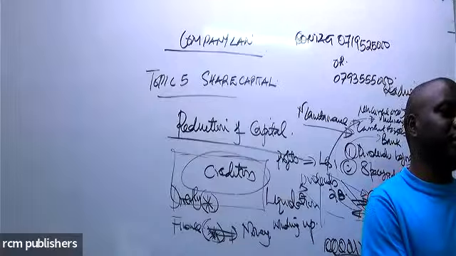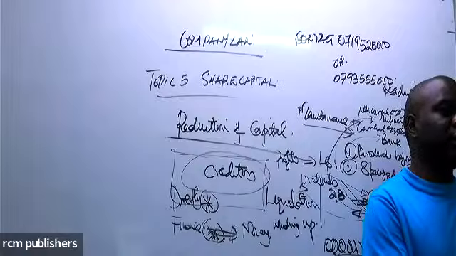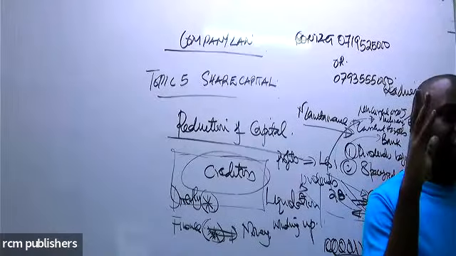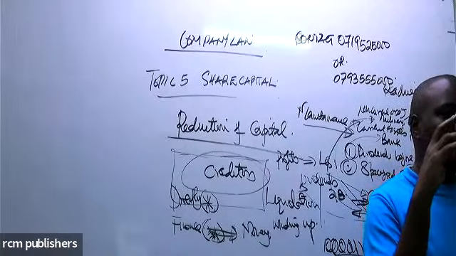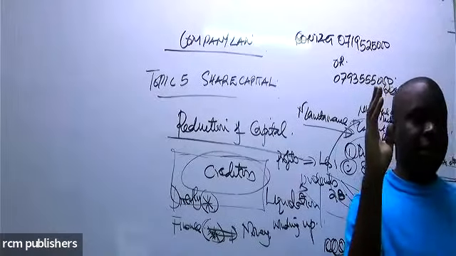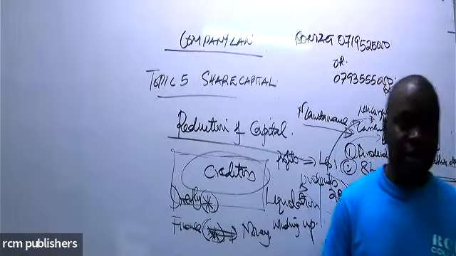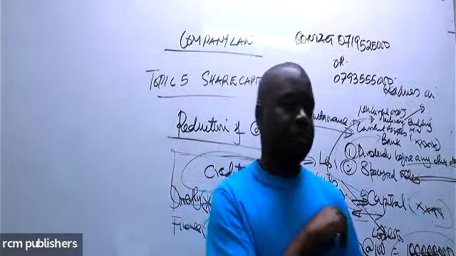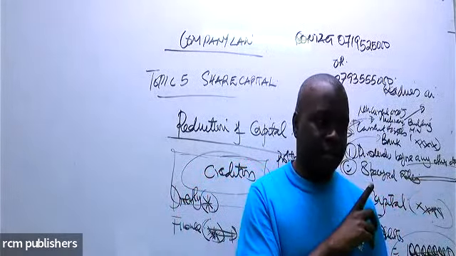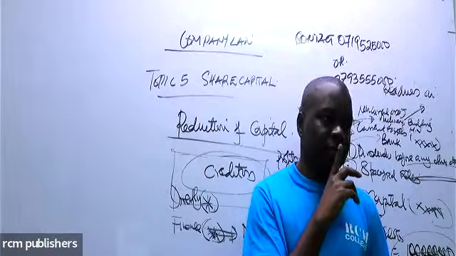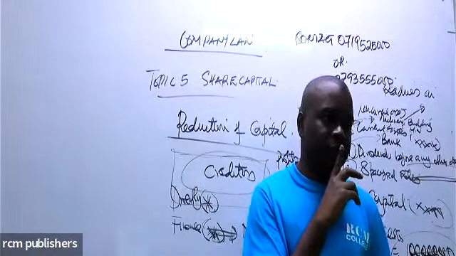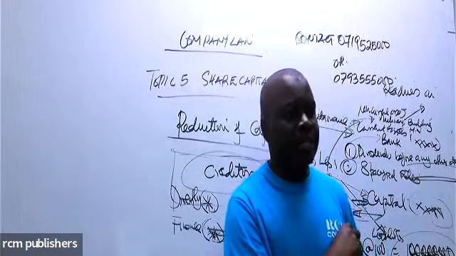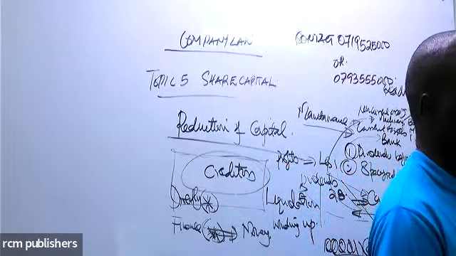And then books of accounts. In a private company, it's not mandatory to publish, but in a public company, it is mandatory to publish the books of accounts. Directors: in a private company, you can be just one director. In a public company, at least two. At least 2 directors. Very correct.